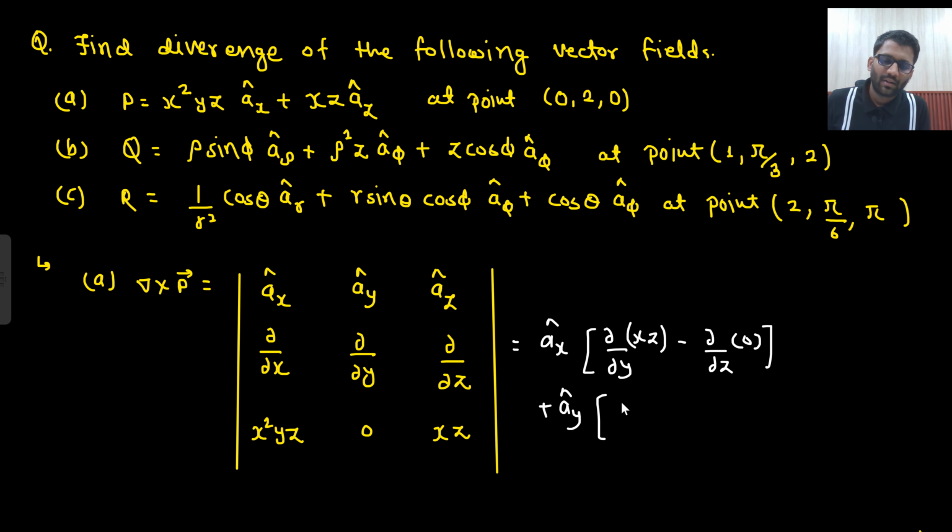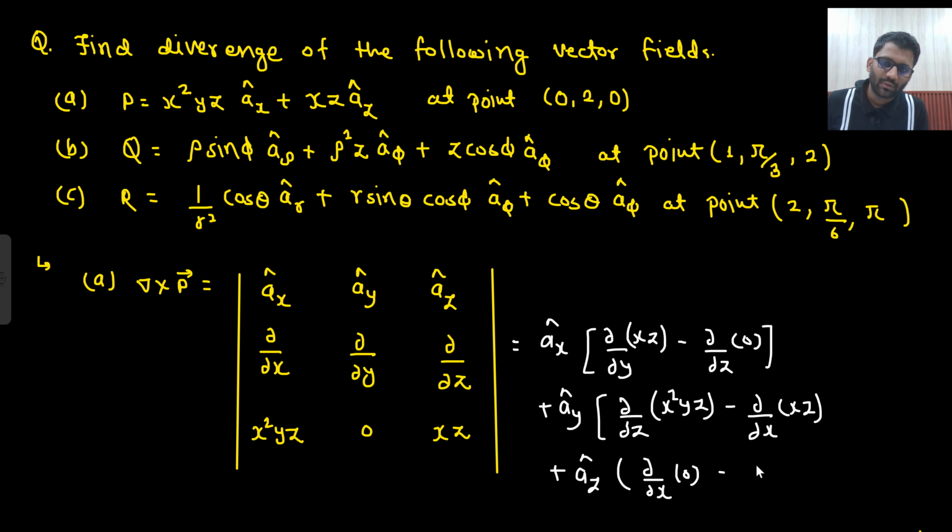So what will happen? Del by del z x square yz minus del by del x xz, plus az cap del by del x 0 minus del by del y x square yz.